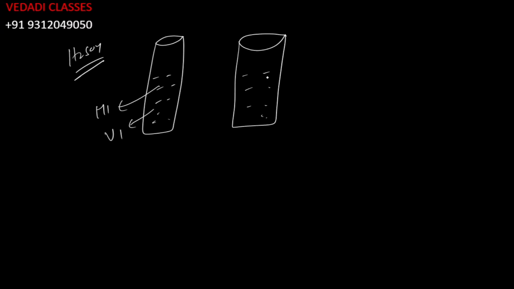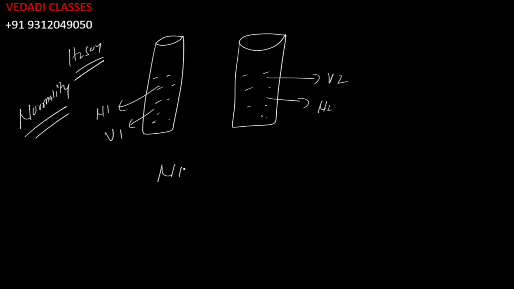But when you dilute it, the volume becomes V2 and the normality becomes N2. Sorry, I was writing molarity, but we are discussing normality; we already discussed molarity. So N1 V1 and N2 V2, the product remains the same: N1 V1 is equal to N2 V2.